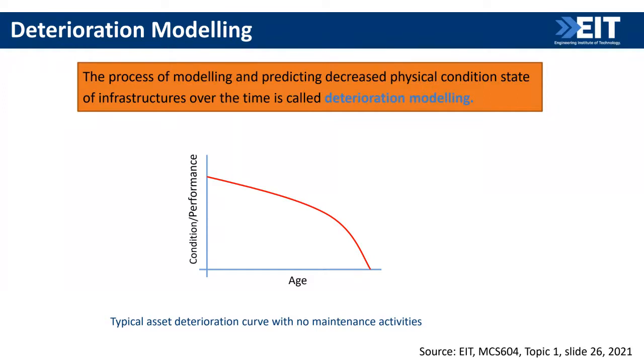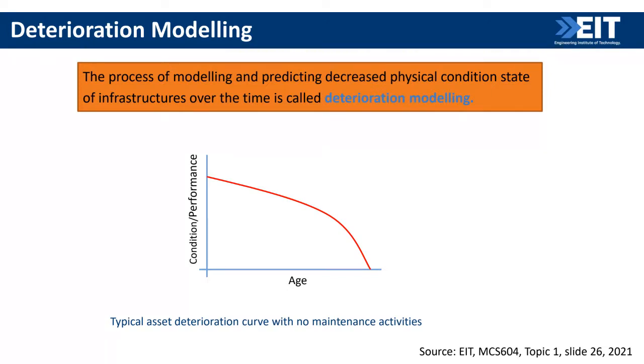And this is called deterioration modeling, when you provide predictive models of the physical condition state of infrastructure, or any type of structural element.